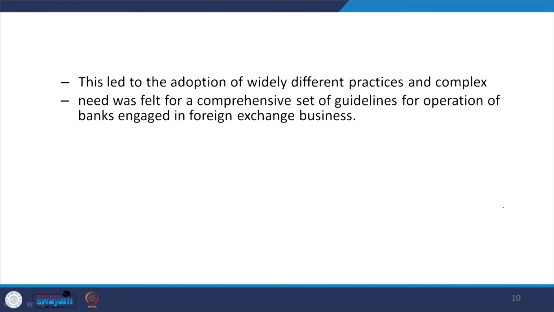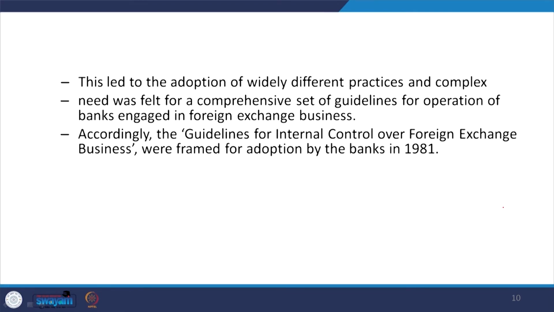This led to the adoption of widely different practices and complex relationships in the foreign exchange market, which called for comprehensive guidelines for the operation of banks engaged in foreign exchange business. Accordingly, the guidelines for internal control over foreign exchange business were framed for adoption by the banks in 1981.